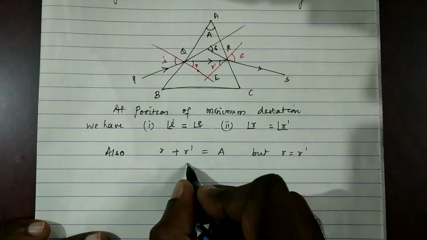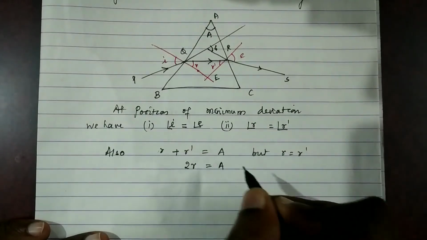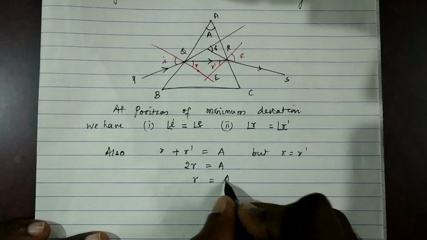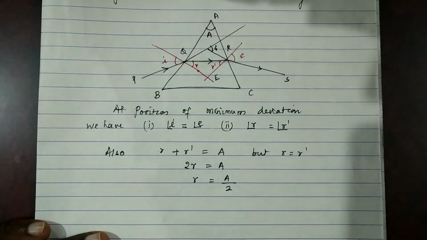So can I write 2R is equal to A, or R is equal to A by 2?